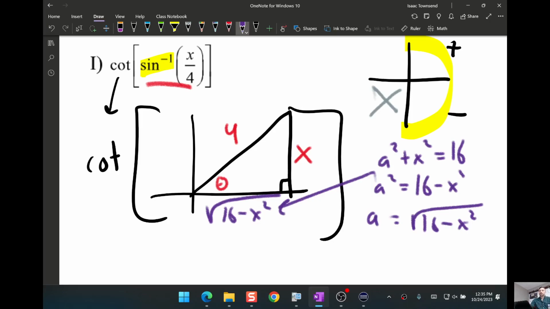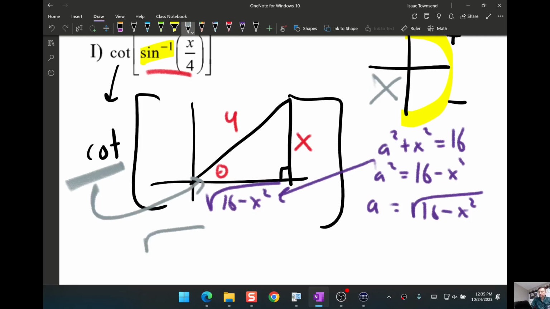And then SOHCAHTOA to give your answer, because I want to know what's the cotangent of this angle, and cotangent would be adjacent over opposite. So that would be your final answer. Square root of 16 minus x squared all over x.